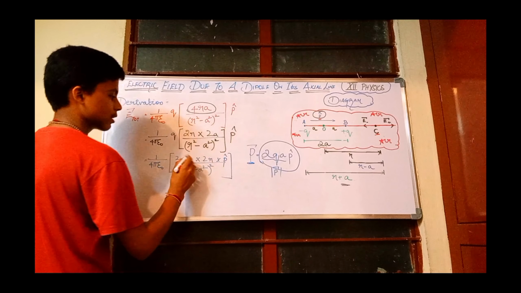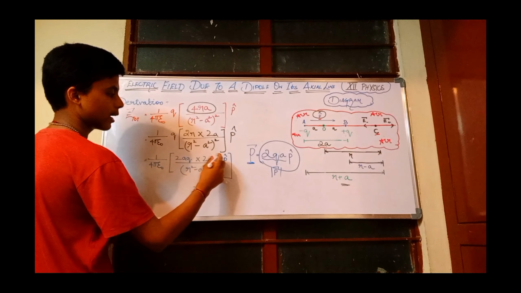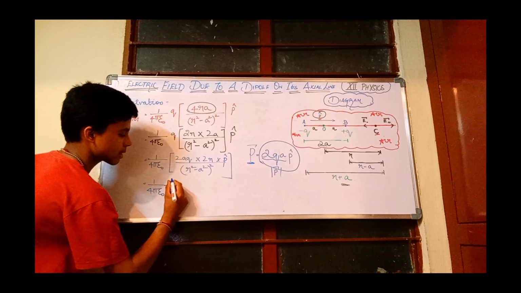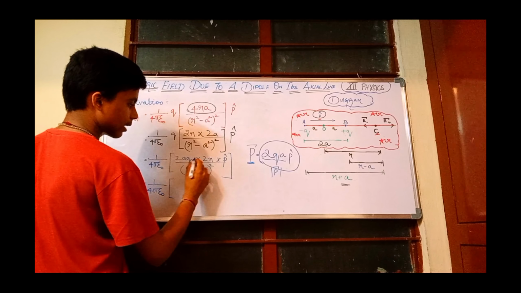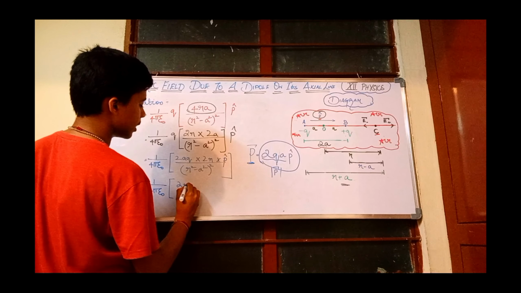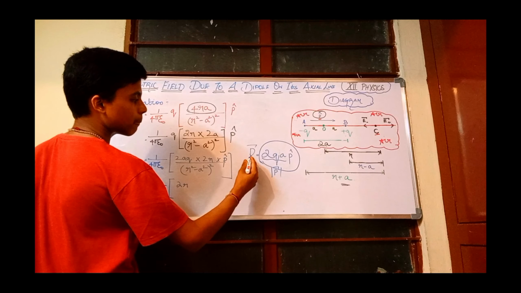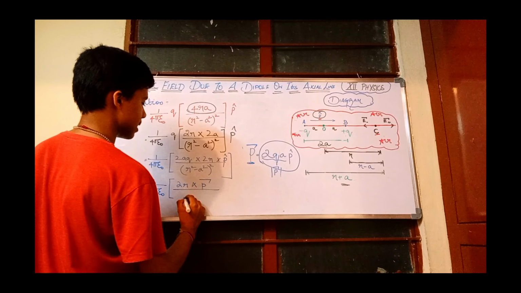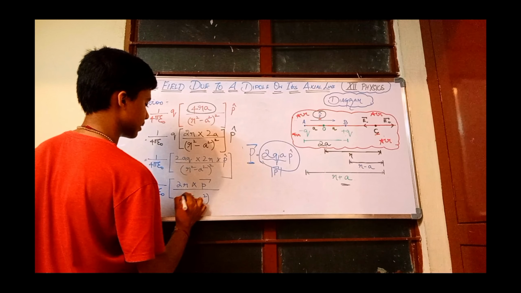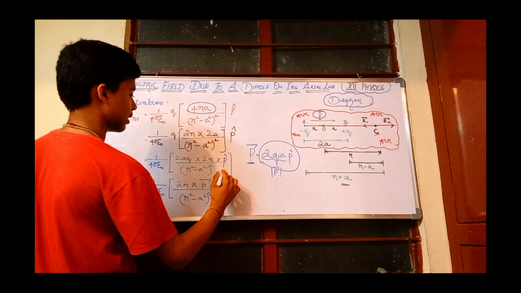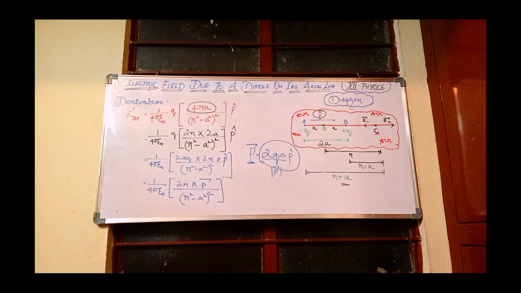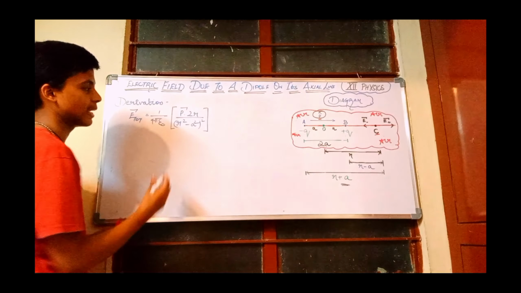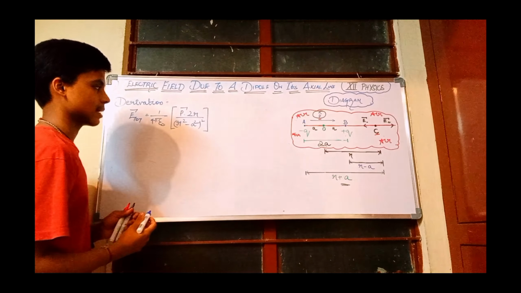So I can write it as 1 by 4 pi epsilon naught into 2r into p vector by (r square minus a square) the whole square. Now we got this equation: E total vector is equal to 1 by 4 pi epsilon naught into p vector times 2r by (r square minus a square) the whole square.